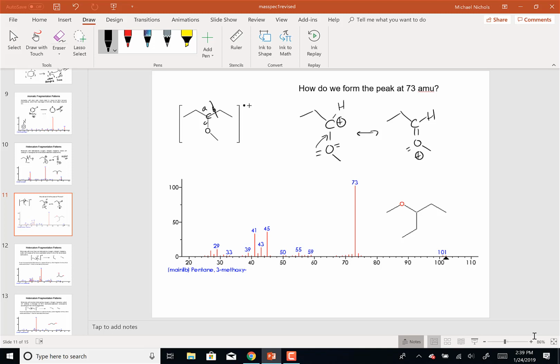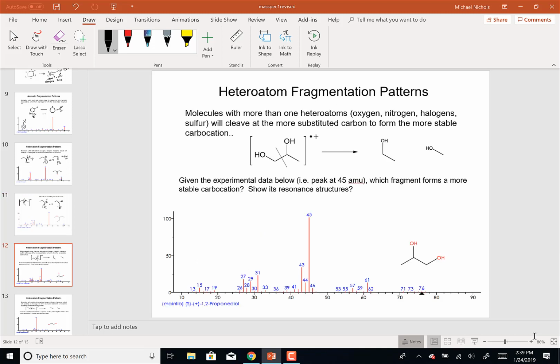All right, what's next? Oh, this cleavage. So if you have more than one heteroatom, you're going to cleave in between them in this case. So if I cleave in between those two C-O-Hs, I'm going to get a plus charge here, and I'm going to get a plus charge there.